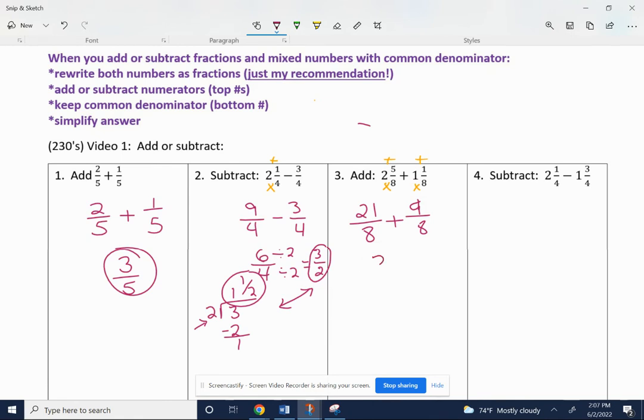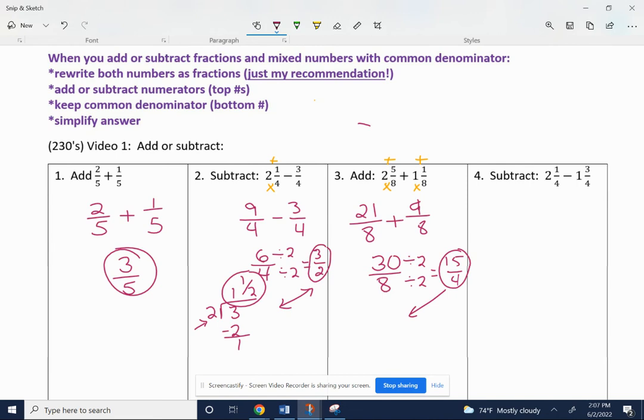Add the numerators, which is 30. 30 over 8. It's improper, which is okay, but it's not reduced, which is not okay. We can divide the top and the bottom by 2. So 15/4 would be a real good way to write the answer.